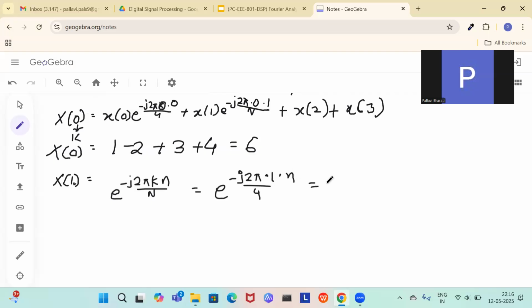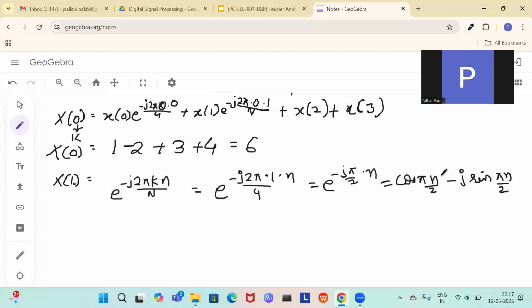How much will this be? E to the power minus j pi by 2 into n. Got it? Now this is going to be cos pi n by 2 minus j sin pi n by 2.